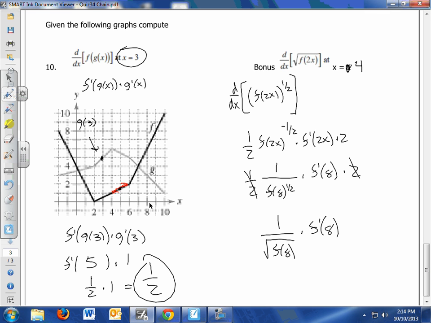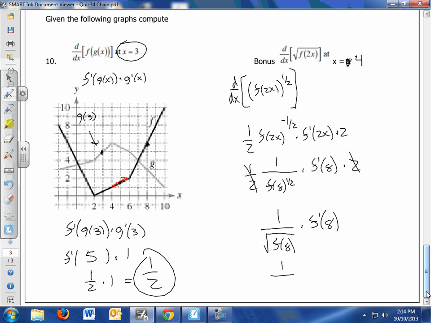Let's look at f and let's look at 8. F of 8 looks to be 6. So we have 1 over root 6 times f prime of 8, the slope of my function at 8 is rise 2, run 1, positive 2. Now, combining these, this is like 2 over 1. We would have 2 over root 6. And this is an adequate answer.